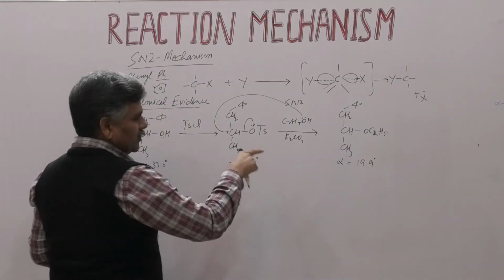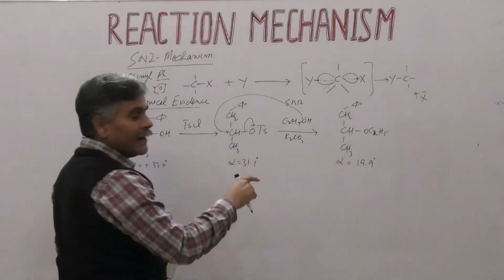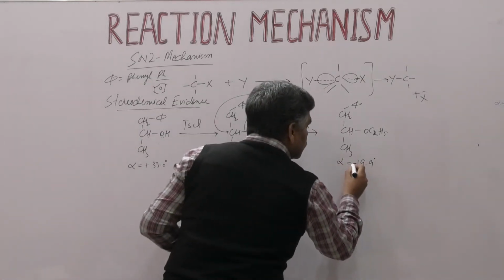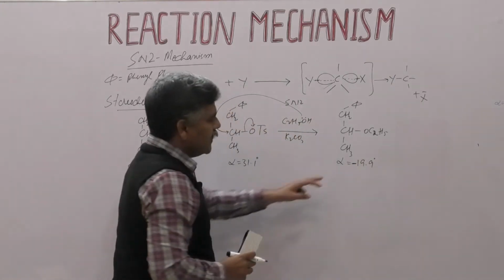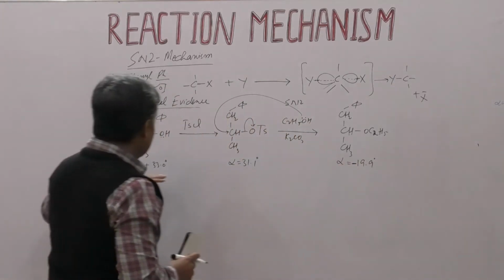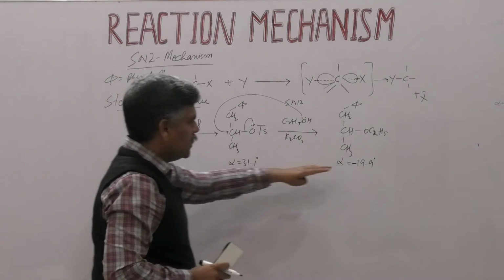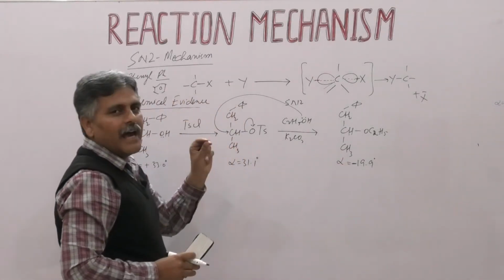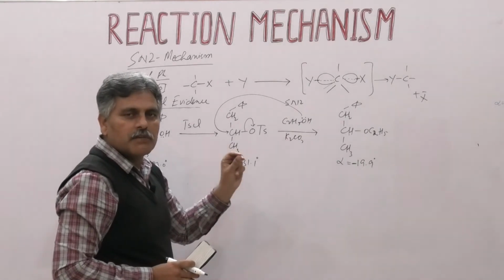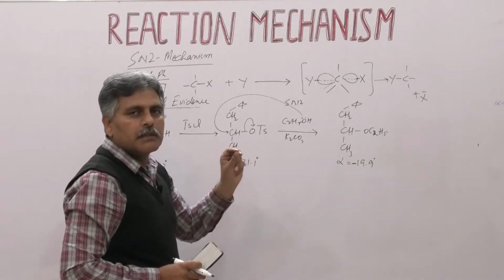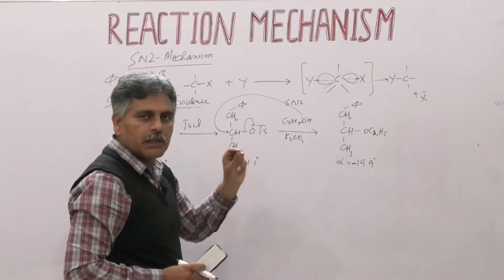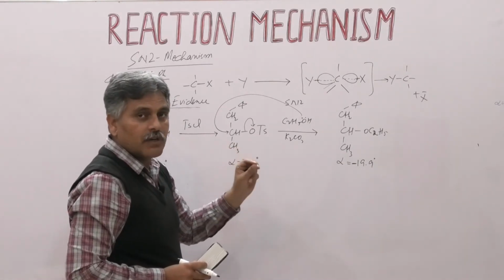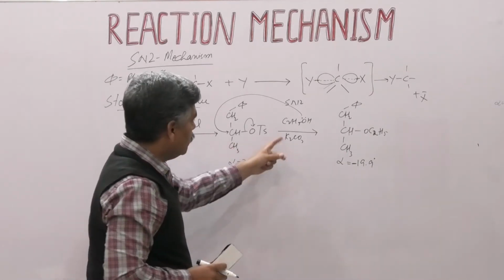But right now this angle of rotation has a negative sign. So this negative sign shows that the dextrorotating enantiomer is converted into the levorotating enantiomer. So this is the evidence for the SN2 mechanism, which explains the complete inversion of configuration because the incoming nucleophile attacks from the opposite side of the leaving group.